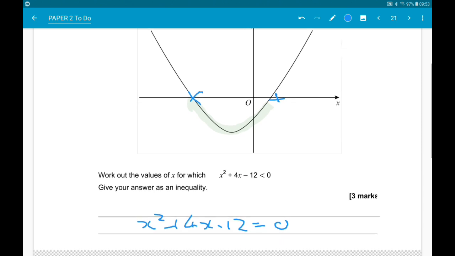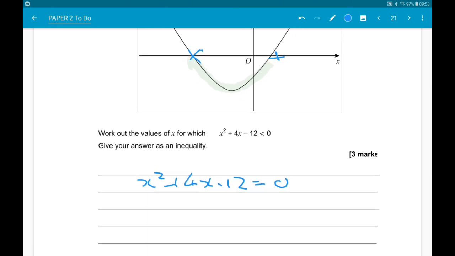Now, luckily, we can factorize that. So that's x plus 6 times x minus 2. So the solutions are then x is minus 6 and 2.